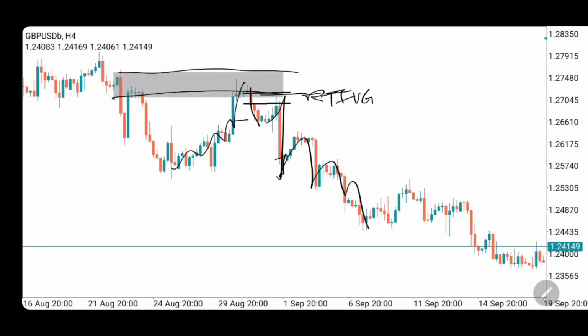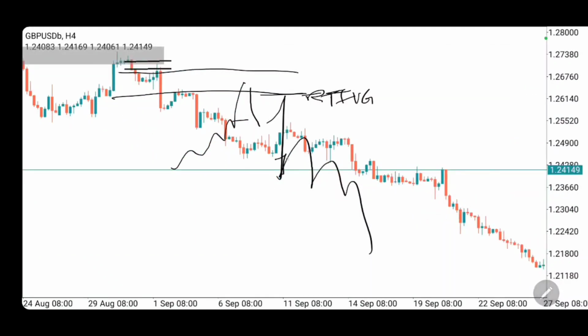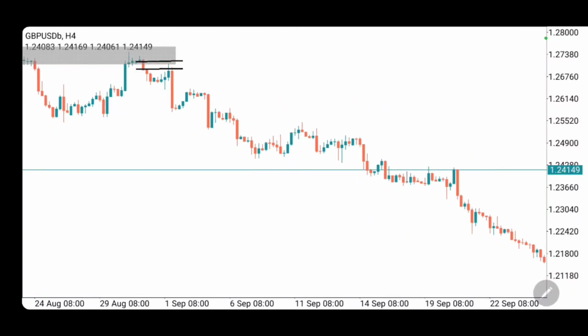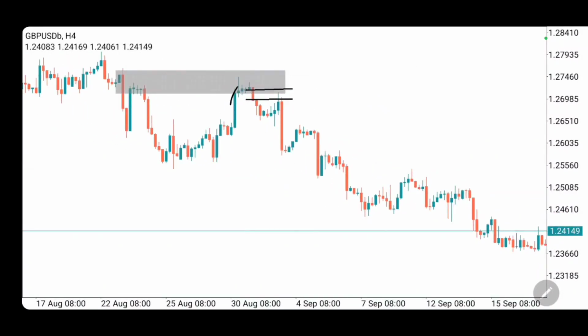Can you see? Return to FVG. All right, so this is actually the scenario, trading the return to FVG on a demand or supply zone.